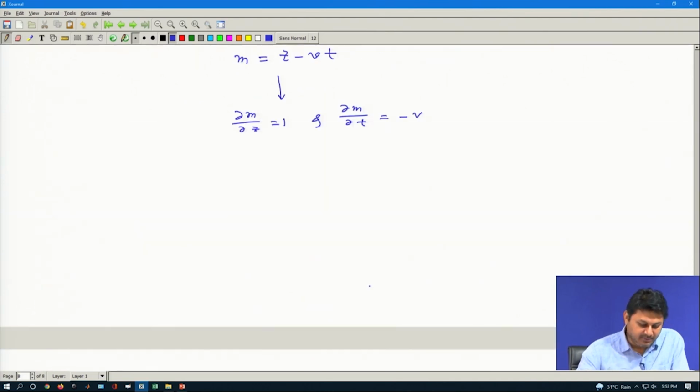Now, if I demand that this should be a solution, then I simply check it, because we know f is a solution.